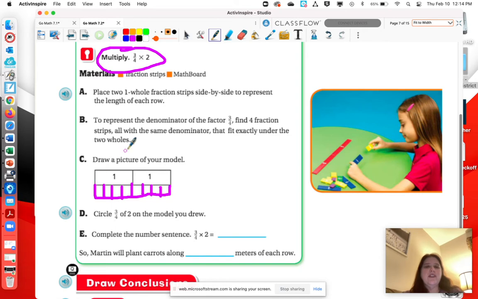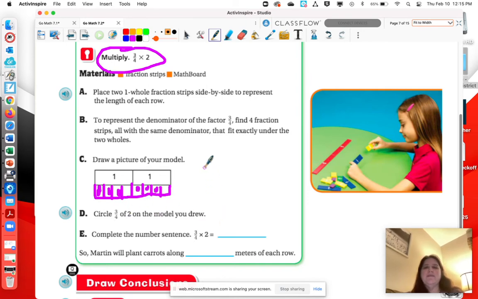So then you would take 3/4 of each of the 2's. So circle 3/4 of 2 of the model you drew. So 1, 2, 3, 1, 2, 3. So you can see here there are 6 that I have done.